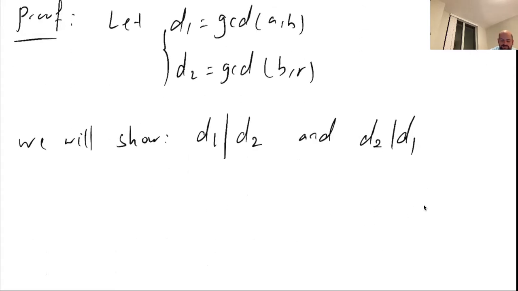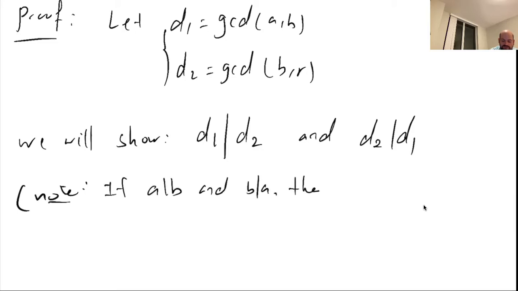Maybe I can write it as a note here. Note: if A divides B and B divides A, then A is equal to plus minus B. This one you can verify. That's true for any two non-zero integers.